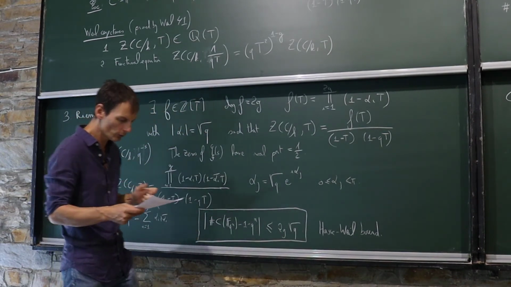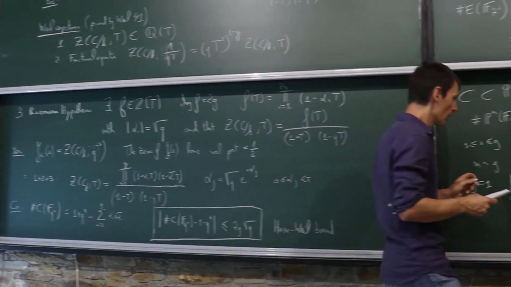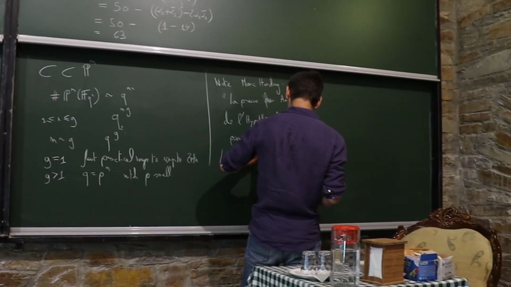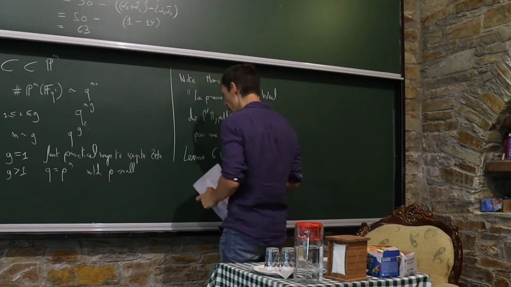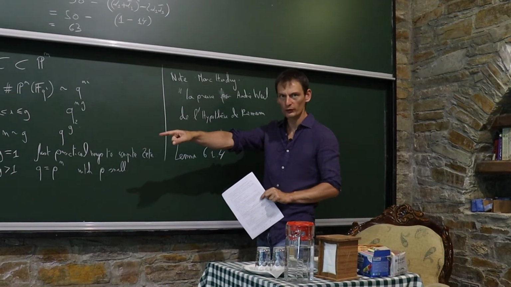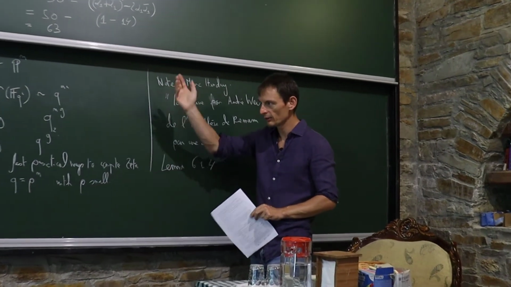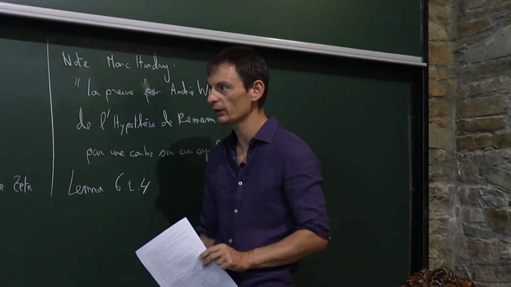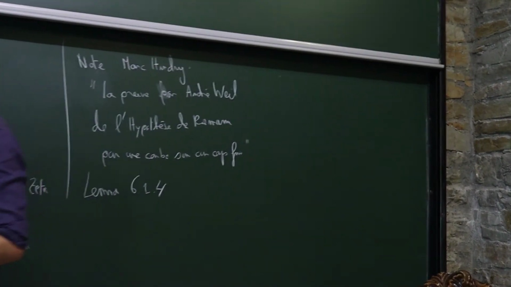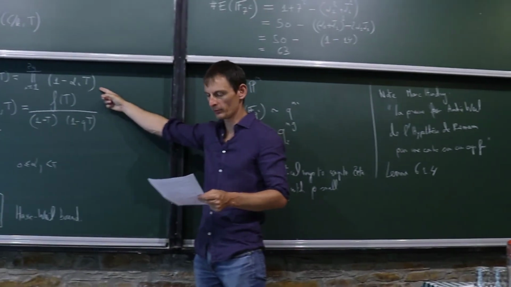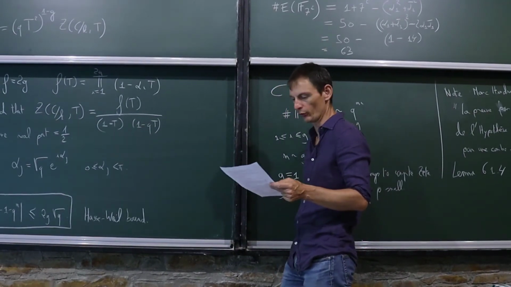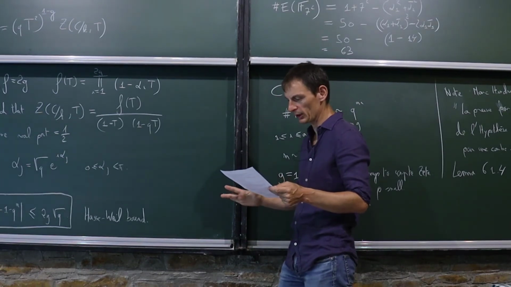And if you look at the notes of the course, you will see that in lemma 6.1.4, there is the proof that if you prove only this kind of inequality for any n, or any sufficiently large extension, then you can also prove that F is exactly of this form that we have here with the right norm on the roots. So that's exactly what we have to prove.